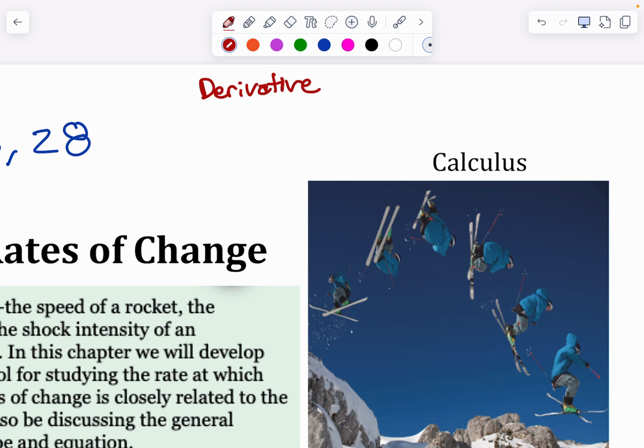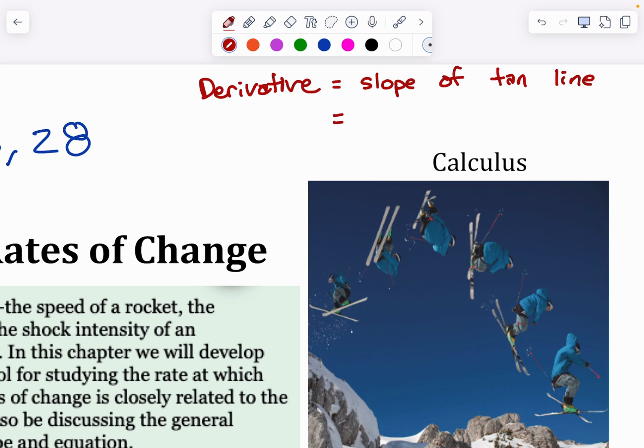Derivative. I think I've talked about this last chapter just briefly, but here's what a derivative is. There are many different applications for a derivative, but for this chapter, a derivative is going to represent a slope of a tangent line.